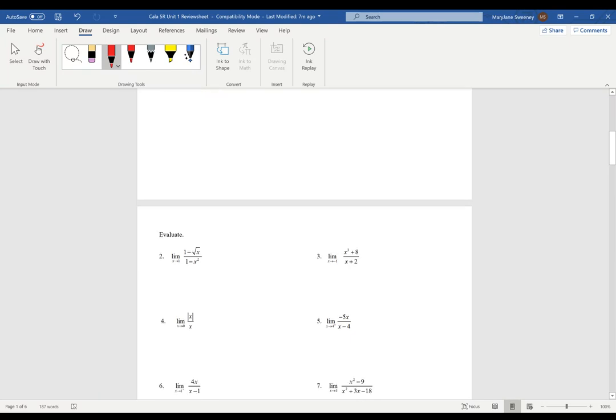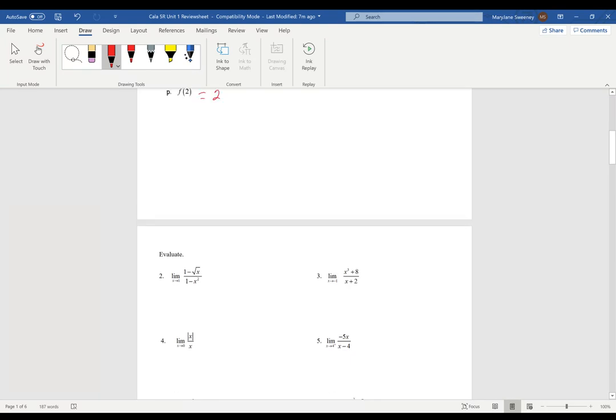Okay, so for limits, the first thing is plug in. If I plug in, I get 0/0, which is the indeterminate form of limits, which means you need to do something else. With radicals, we have to multiply by the conjugate of the one with the radical. So limit as x approaches 1.